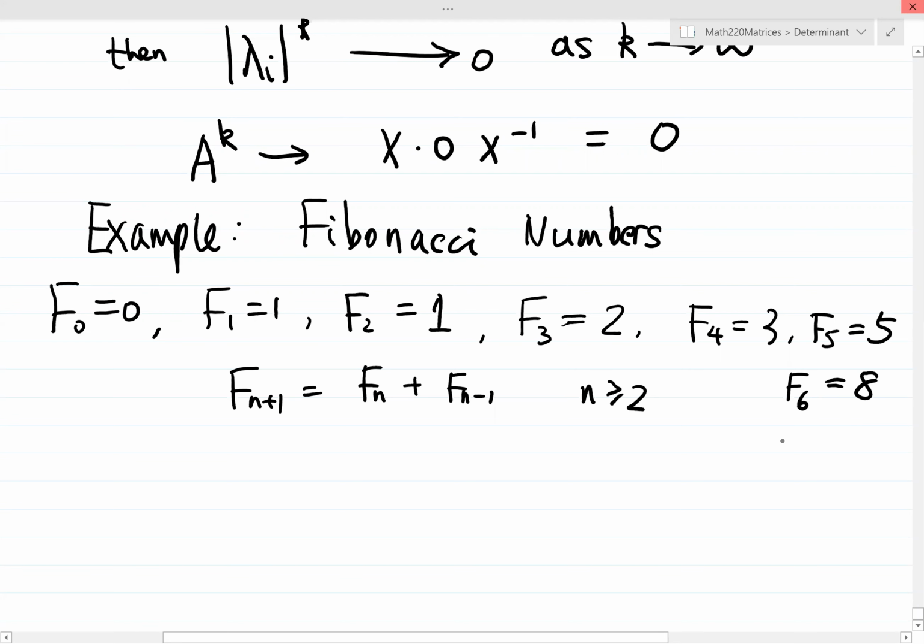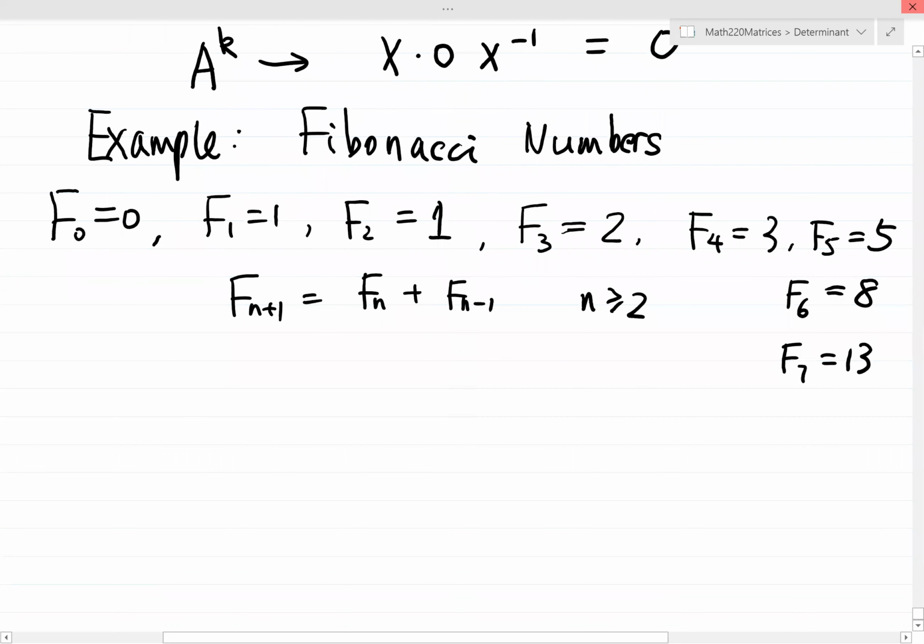And f7 is 8 plus 5, 13. So we want to find a general formula for the Fibonacci numbers.